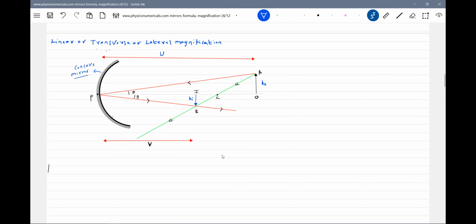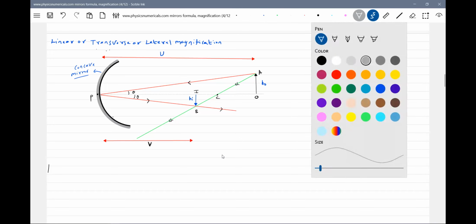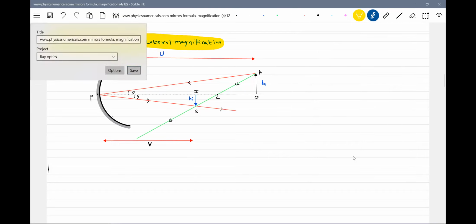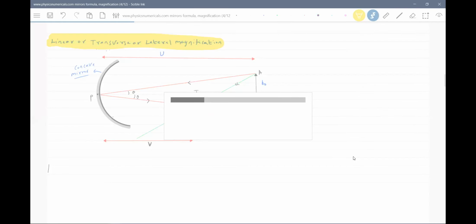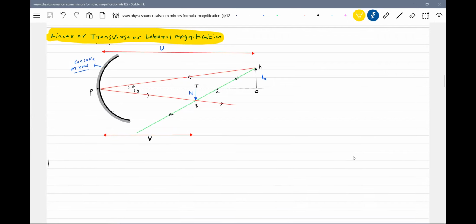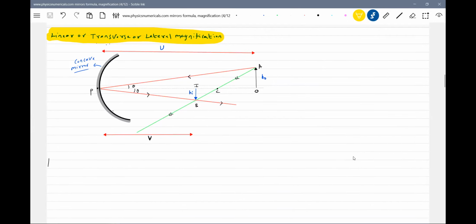So the magnification we are discussing is linear, or transverse, or lateral magnification, as it is called. I kept an extended object, a real object, of height h_o.